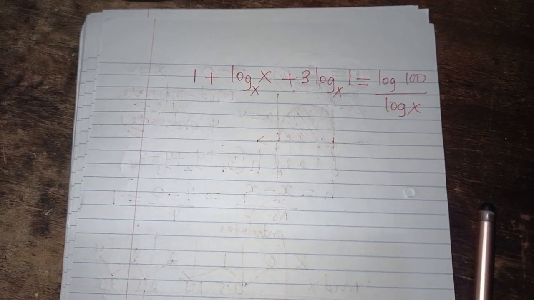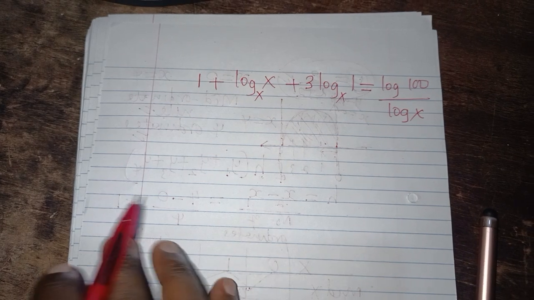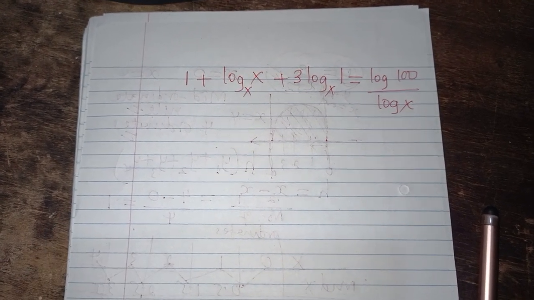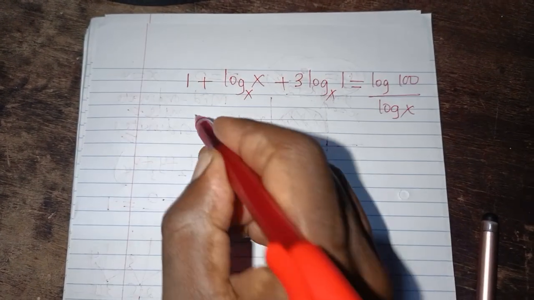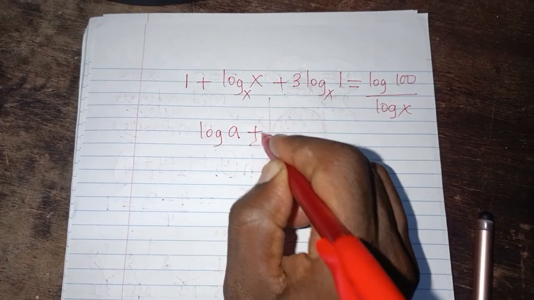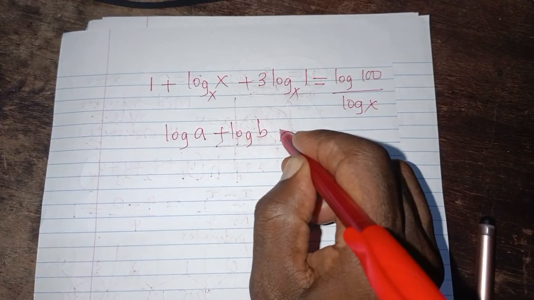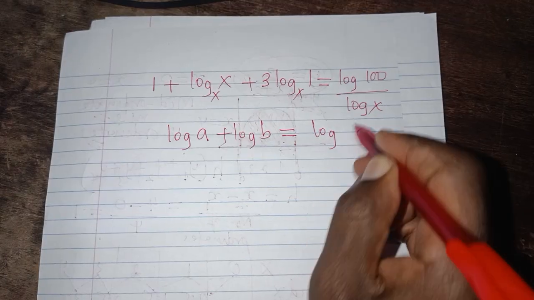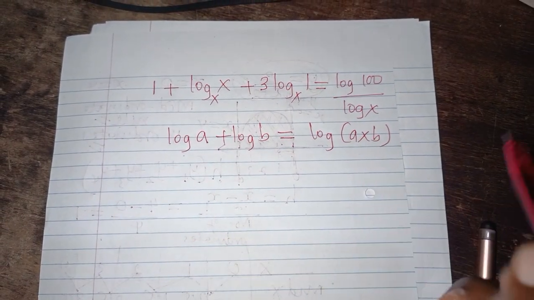I know there are quite a good number of laws that a student is supposed to get introduced to before they can actually get a question done in mathematics concerning logarithmic notations. And of course, you've been told in most cases that the log of a, for example, plus the log of b can ultimately get changed to the log of a times b, so that addition can change to multiplication.